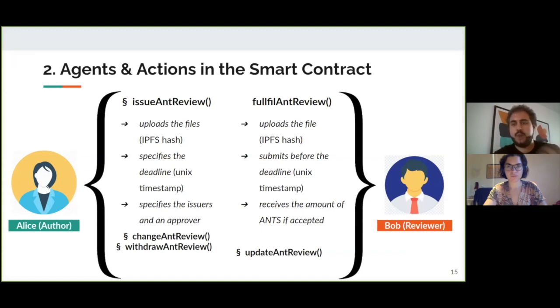And Bob, the reviewer, can fulfill a specific Ant Review by uploading the file of the peer review on IPFS, submitting before the deadline, and he will receive, if the peer review is accepted, an amount of ANTS as reward.